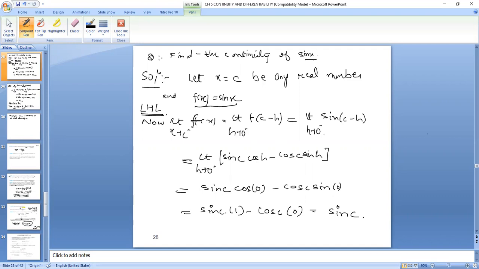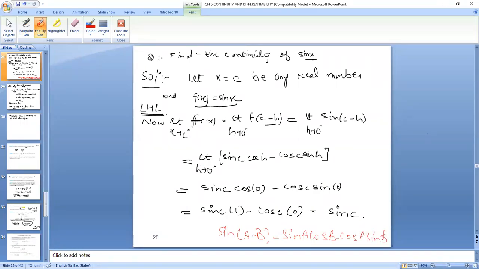So limit h is tending to 0 negative, in place of x the function will be replaced by C minus h in sine x. So sine x becomes sine C minus h. Now we will apply the trigonometric formula of sine A minus B. We know that sine of A minus B is equal to sine A cos B minus cos A sine B. So we have applied that formula.